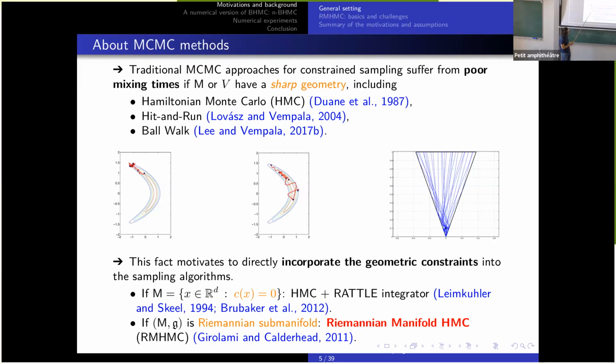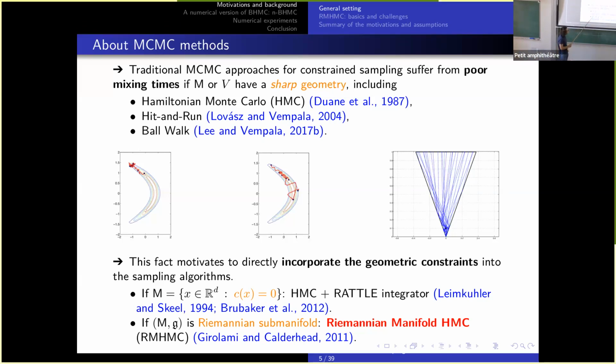The main idea of Girolami and Calderhead is that you incorporate the extra information about the target by considering a metric on your space, which is designed to handle the potential that you want to sample from.